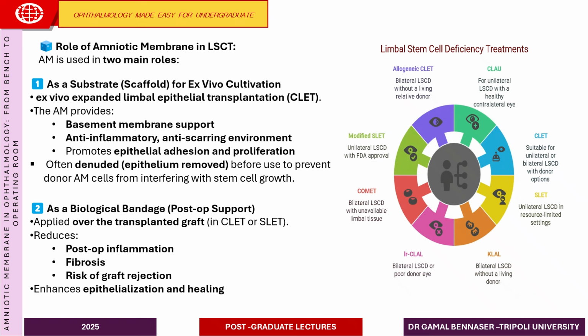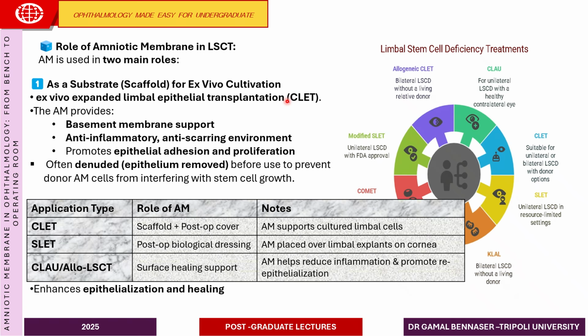So the major role of the amniotic membrane is as a substrate or scaffold for ex vivo expansion, especially in CLET procedures, or as a protection, a biological bandage, for the limbal stem cells after being implanted, like in the SLET procedure, as it promotes healing, decreases angiogenesis and fibrosis, and enhances the differentiation of these epithelial cells.